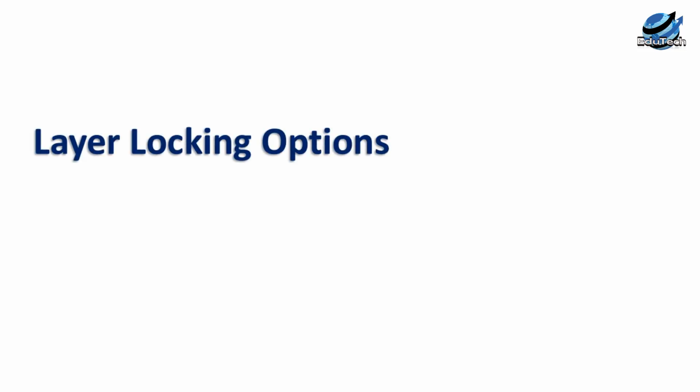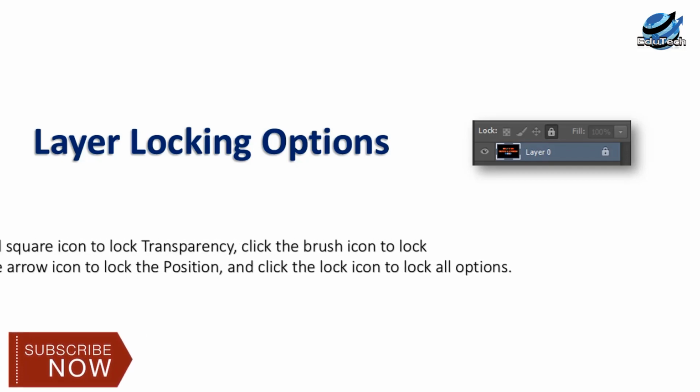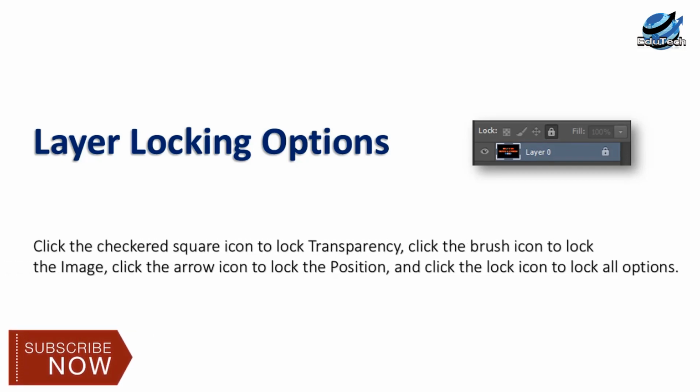Layer locking options. Click the checkered square icon to lock transparency, click the brush icon to lock the image, click the arrow icon to lock the position, and click the lock icon to lock all options.